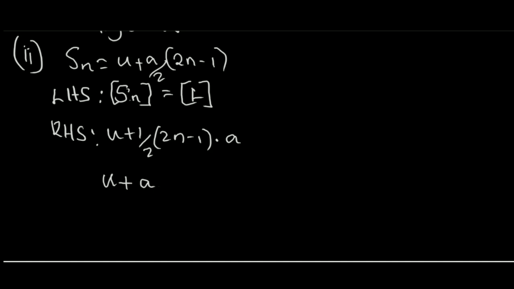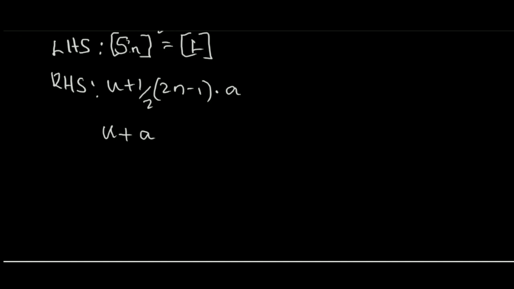Now, u is initial velocity, which is [L t^-1], plus a is [L t^-2]. Now, if you look at these two, they are not like terms algebraically. Thus, we can't go further. So this therefore means that for right hand side, this is where we end.